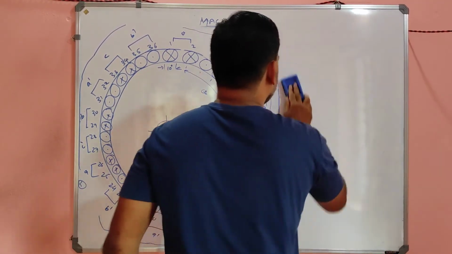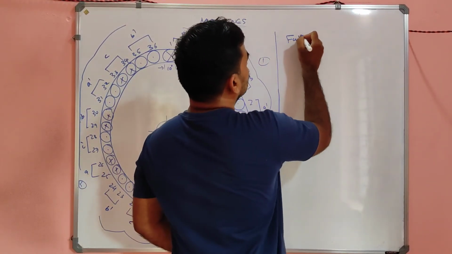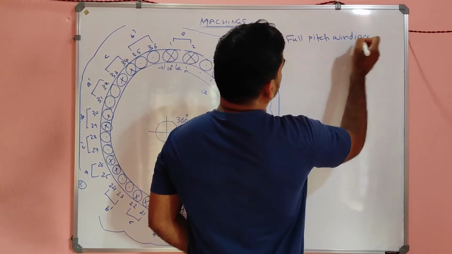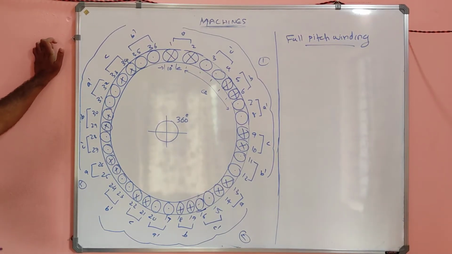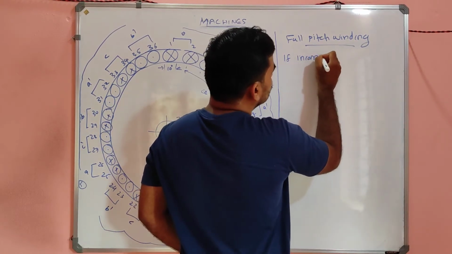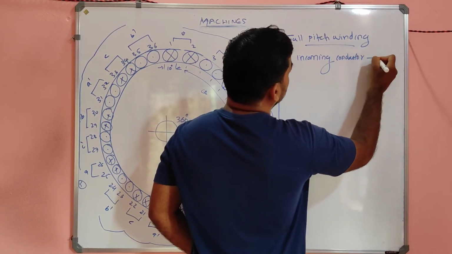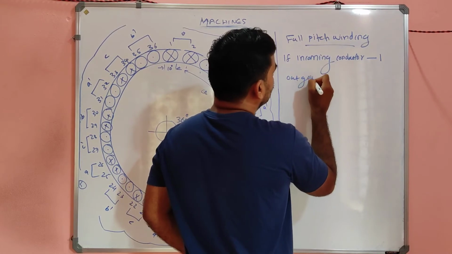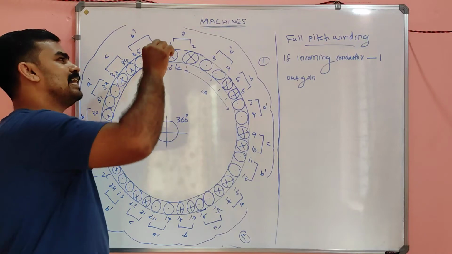Next, full pitch winding. Full pitch winding means if the incoming conductor is in slot 1, or incoming in the sense, I can say outgoing.